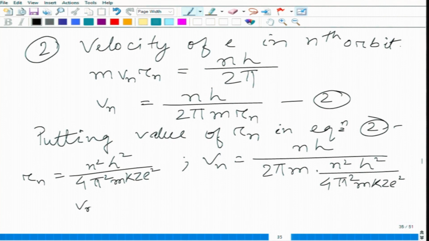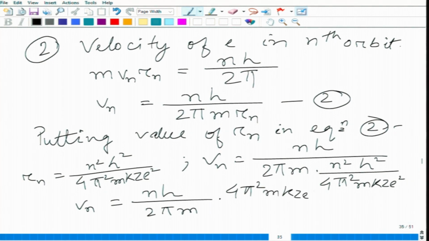If we write this in a better way, we get nh by 2 pi m into 4 pi squared m k Z e squared by n squared h squared. So one nh will be cancelled, 2 pi is cancelled, m will be cancelled.